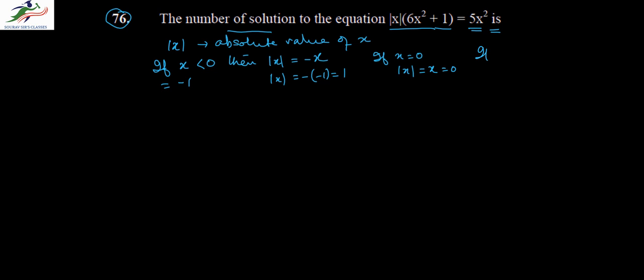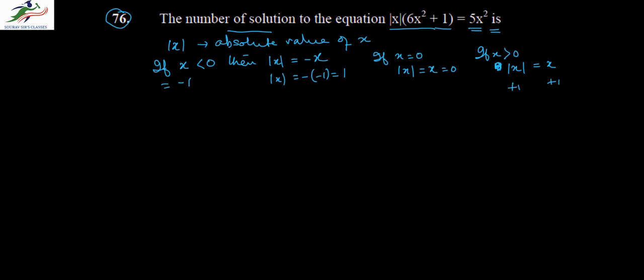And if x is greater than 0, then mod x is equal to x. Or if let's say x equal to plus 1, then mod x is equal to plus 1. So this is the meaning of mod x.